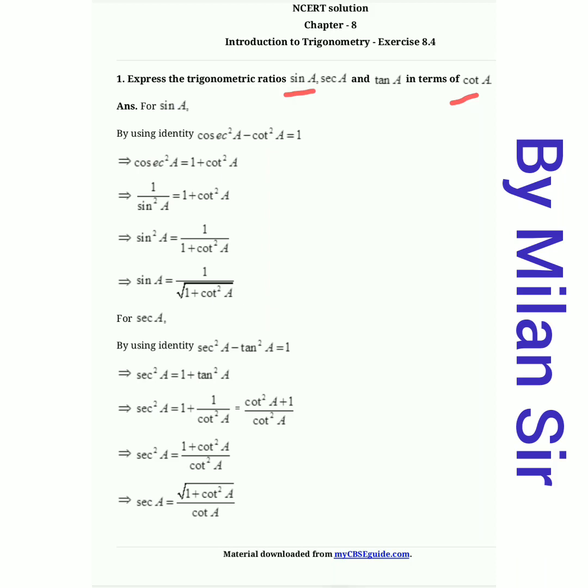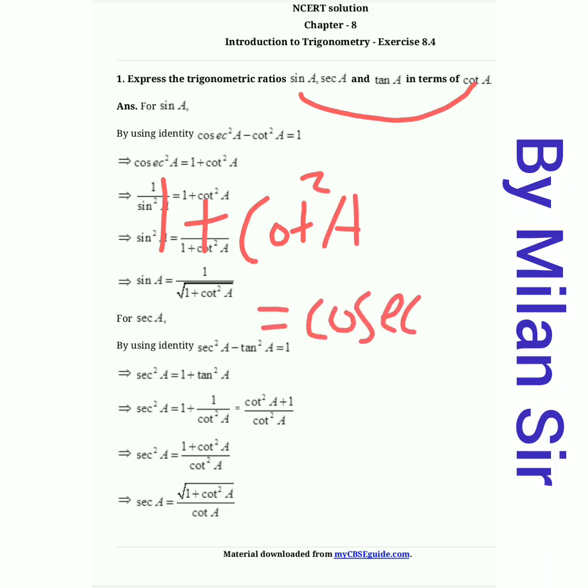Right? Now, what is the relation between sin and cot in the identities? So one identity is there, 1 plus cot square A is equal to cosec square A. Now from this identity we can get the formula of cosec A in terms of cot A. After that we know one thing, that cosec A is the inverse of sin A. So from cosec A we can find out our sin A. Right?